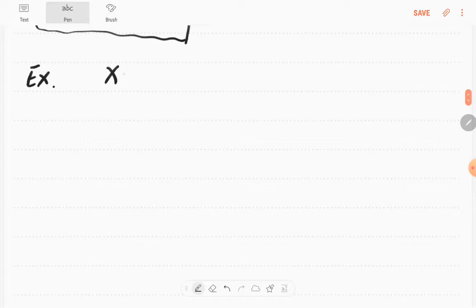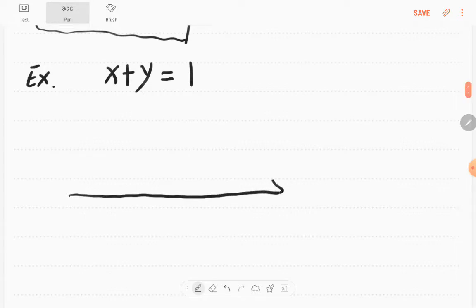x plus y equals 1. So if you draw the graph, we find the x-intercept: y equals 0, so x equals 1. So this is 1, okay? And the y-intercept: x equals 0, so y equals 1.